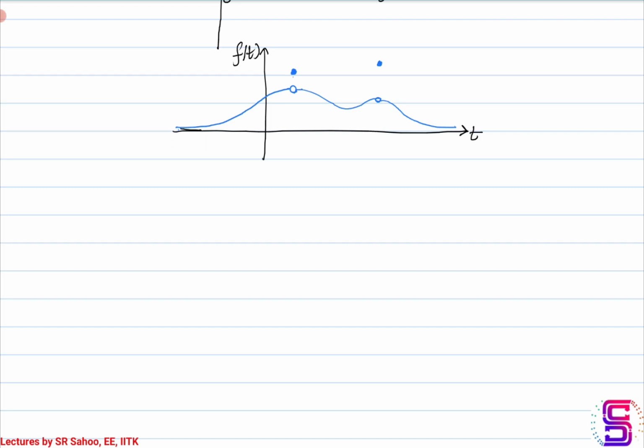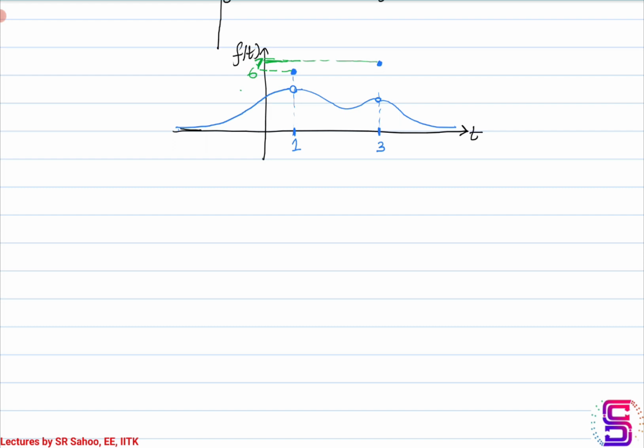Okay, so the jump that occurs is, let's say, at t equal to 1, and the other jump occurs at t equal to 3, and the values that these jumps are taking, let's say this is 6, and let's say this jump is taking a value of 7.